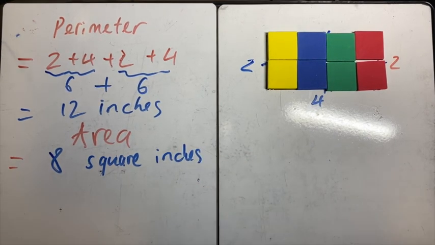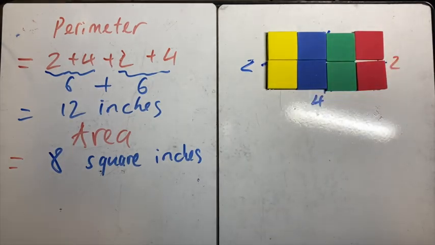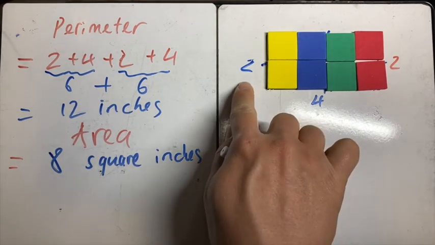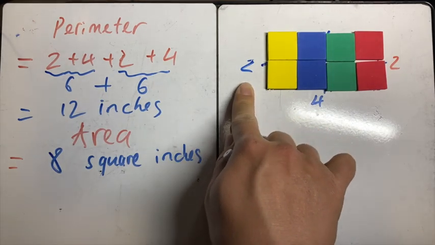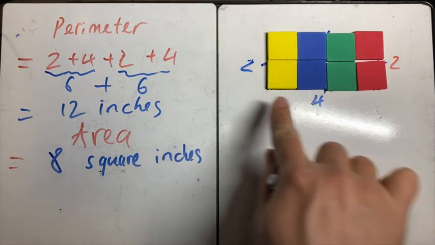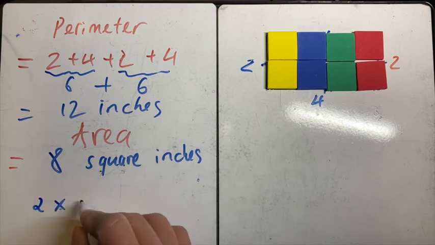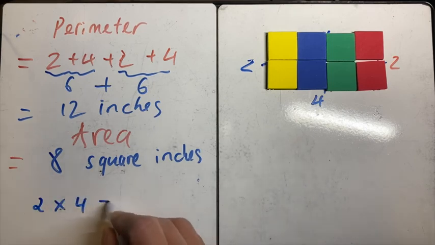Am I all done yet? No, because we cannot use these all the time. Okay, because in your worksheet you cannot use this. But look at this. If I multiply the width of the rectangle by the length of the rectangle, it means that I have 2 times 4 equals how many?